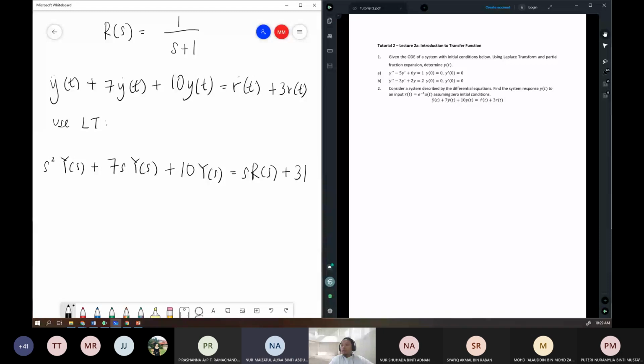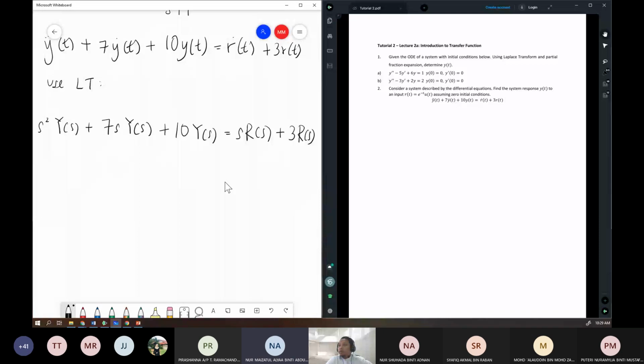Okay, so after you get the differential equation in frequency domain, rearrange to get the transfer function. So firstly we can factorize. If you feel confused, you can do the steps one by one. Okay, so factorize.